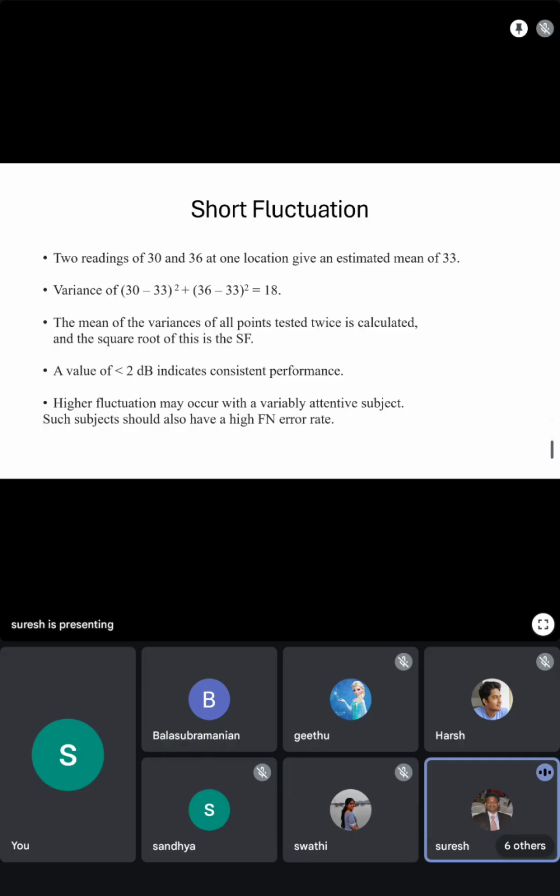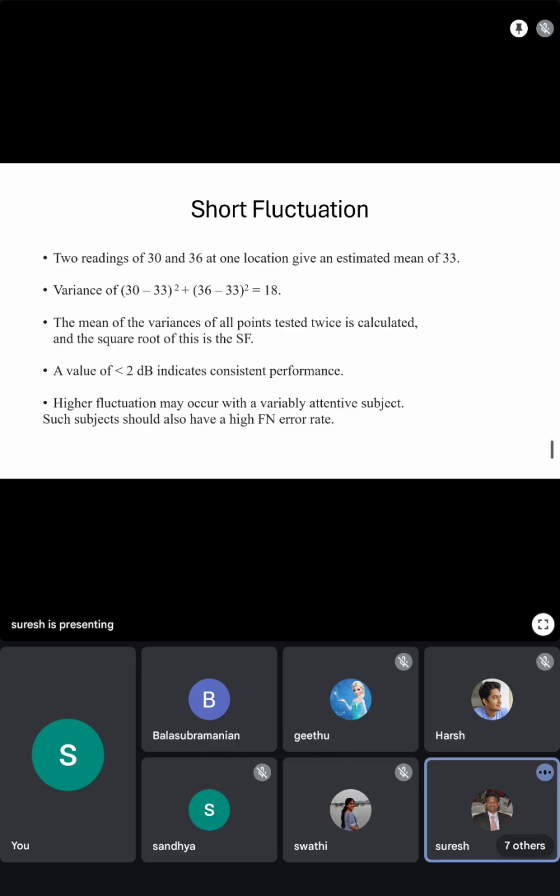Let's say one point they tested first, it was 30. Again they tested, it was 36. So one will be 30 and another they will write 36 in brackets. They take a mean of these two values; for example, 30 and 36, the mean is 33. Now they subtract this mean from the first value and from the second value, and take the square.